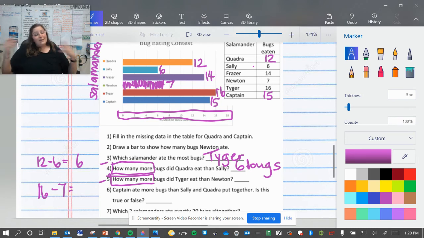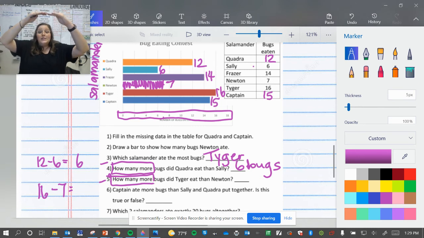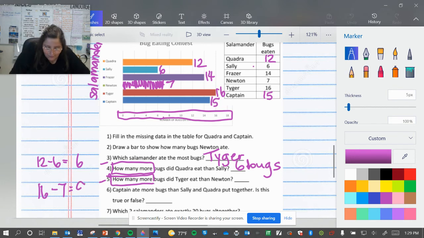If it's me and I'm trying to figure this out, I know that it's going to go below 10 because if I subtract 6, I get to 10, right? So 16 minus 6 is 10. How much more do I need to subtract? I subtracted 6. How much more to make 7? 1 more. What's 10 minus 1? 9. So Tiger ate 9 more bugs.